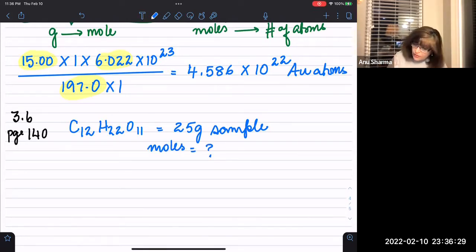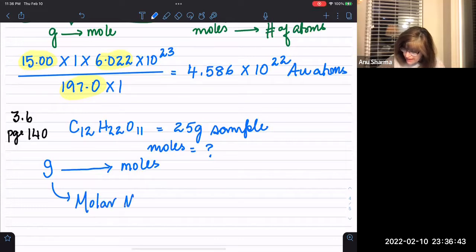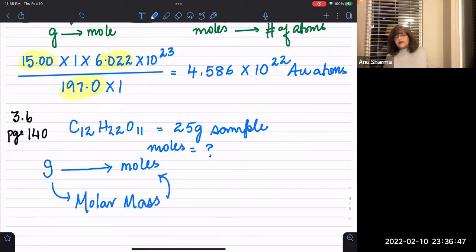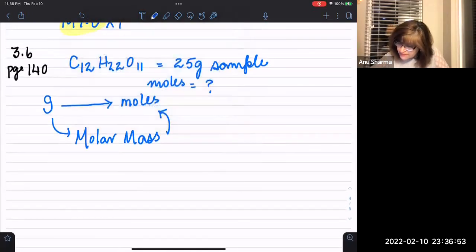So what would we need here? Since this is a grams to moles conversion, you would need the molar mass of C12H22O11. So let's do this.